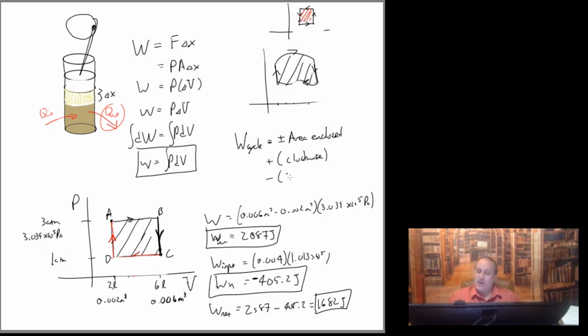So when we go counterclockwise, we still just compute the area, but the work output is a negative number, meaning that would be a machine that does a weird thing. Instead of adding heat to get a work output, I add work to get a heat output. Okay, we'll talk about that machine later on. Right now I'm talking big picture.